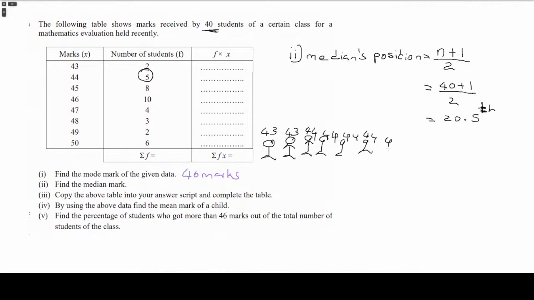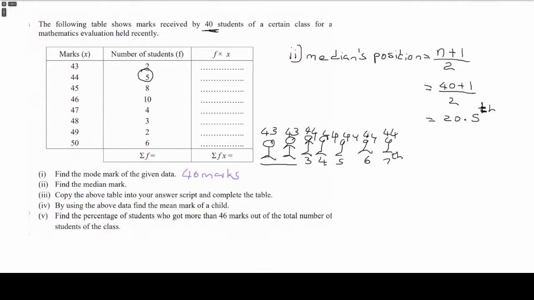All of these 5 kids have got 44 marks. So the first 2 positions are occupied by the students who got 43. From the 3rd position to the, sorry, 3rd to the 7th: 3rd, 4th, 5th, 6th, 7th. So from the 3rd position to the 7th position, it is occupied by the students who got 44 marks.